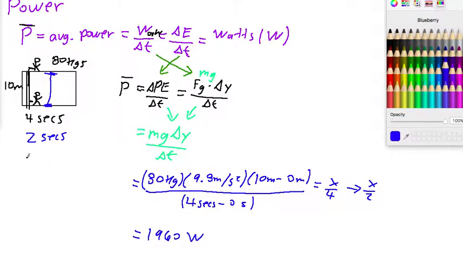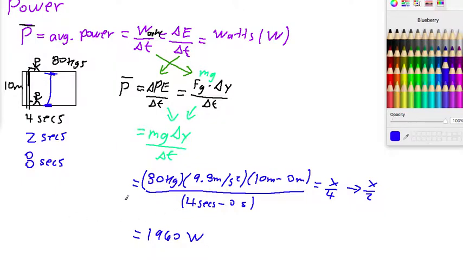And then, what happens if you went slower? Well, the slower you went, the denominator becomes greater, which means that your entire solution becomes smaller.